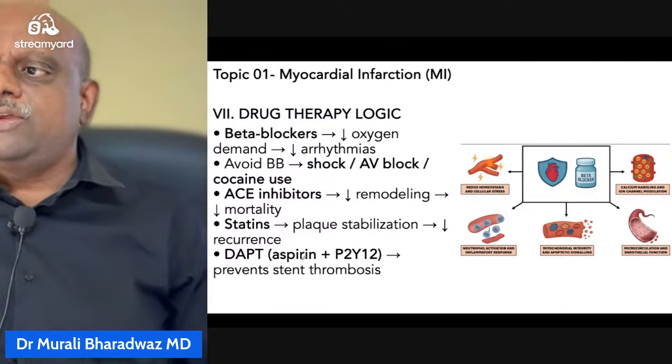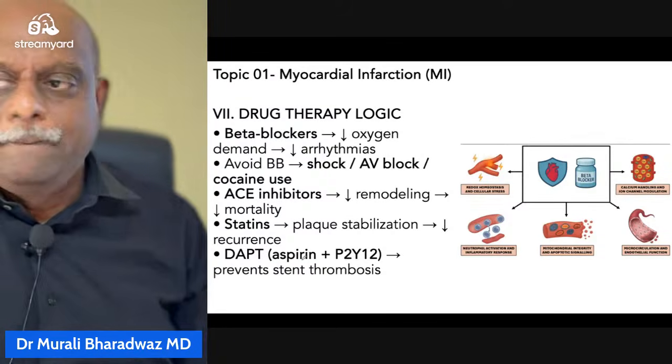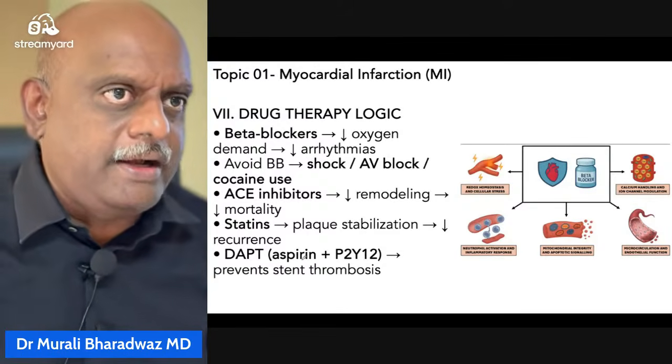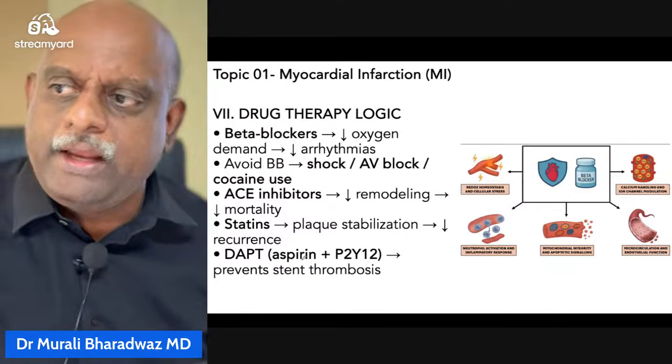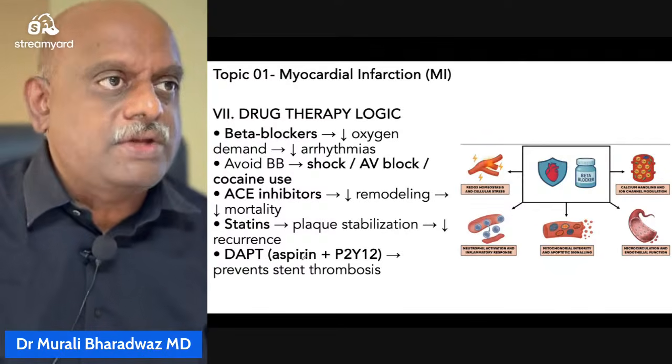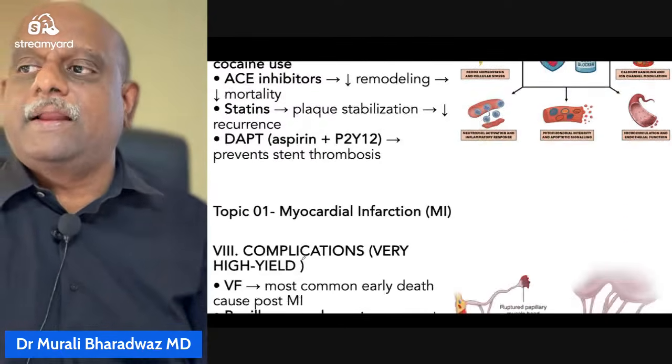So to summarize, what is the drug logic? Beta blockers decrease oxygen demand and decrease arrhythmias, but avoid them in shock, AV block and cocaine use. Then ACE inhibitors, statins and double antiplatelet therapy.